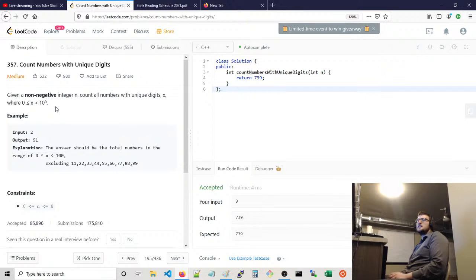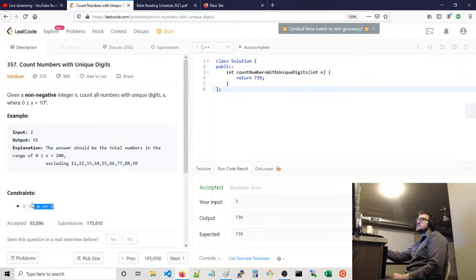In other words, 99 wouldn't count, 66 wouldn't count, 11 wouldn't count, right? Actually, you can figure that out: that would be 100 minus all of the double digits, of which there must be 9, because there are only 9 digits that could be doubled. You can't have 0, 0. So that's a quick, easy one.